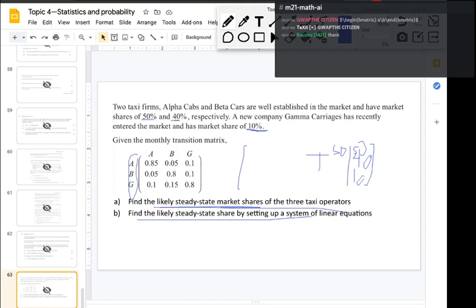Remember that it's percent. The long term of it would equal 30.